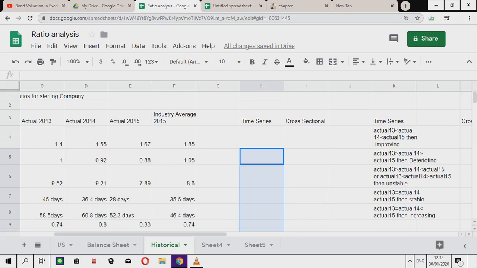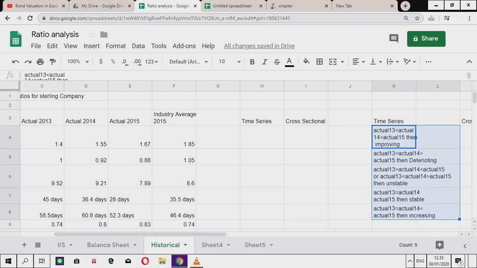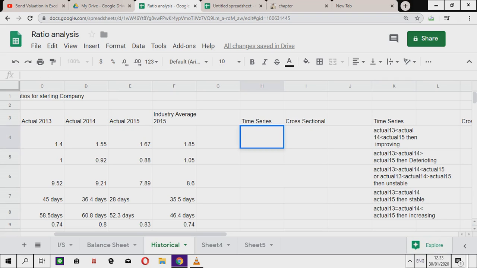Alright, I just finished writing the stuff, and I'm gonna count the time series with the IF function. So there are 3 columns. I used to write the rules on the slide, and then there are 3 columns.